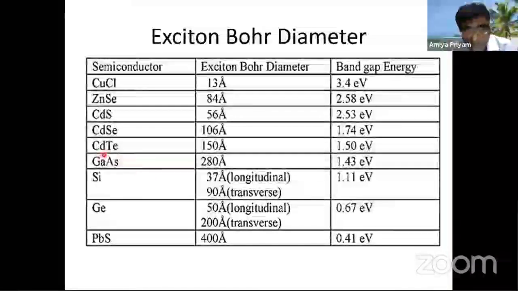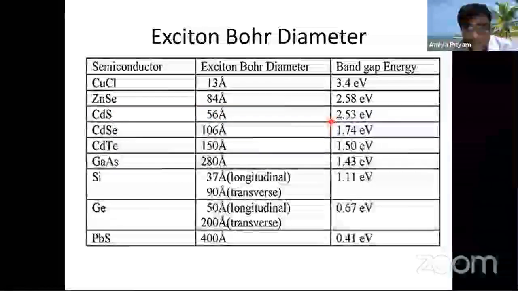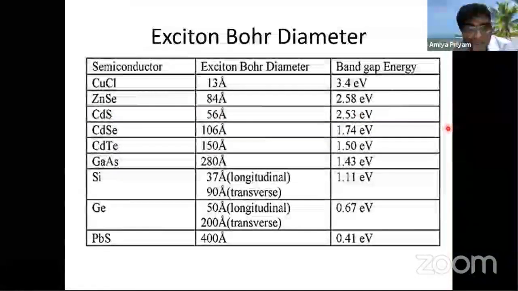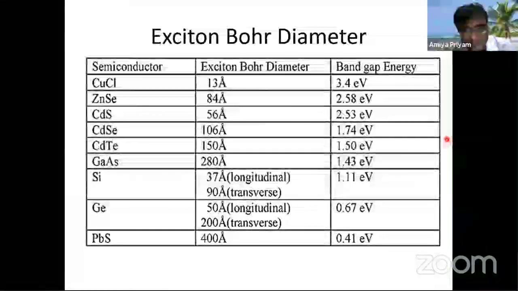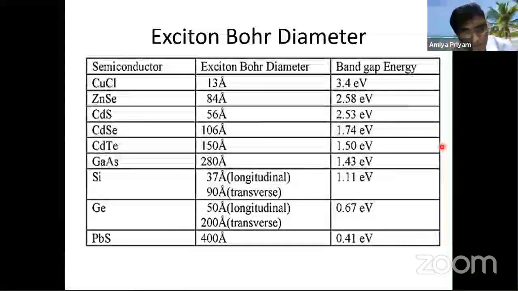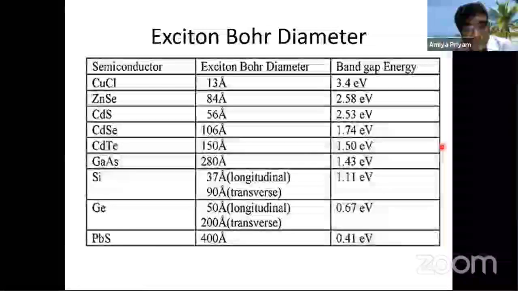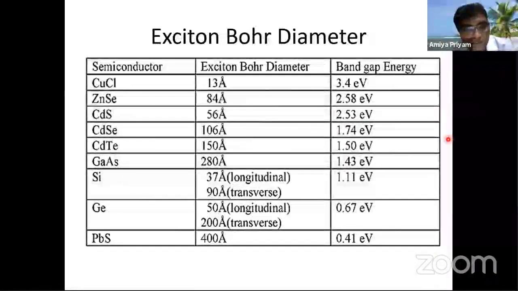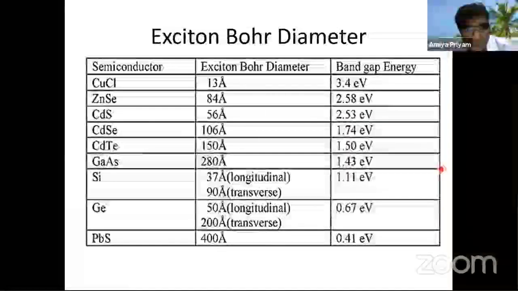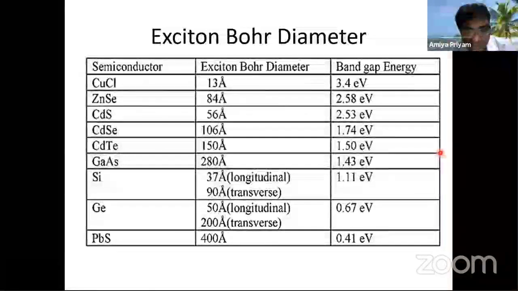Why are they interesting? Because they are direct band gap semiconductors, and when they are reduced to low dimensional systems, as I just discussed, when you make small nanocrystals of these, they can emit light of different colors. The entire visible spectrum can be regenerated using their emission colors, the fluorescent colors.